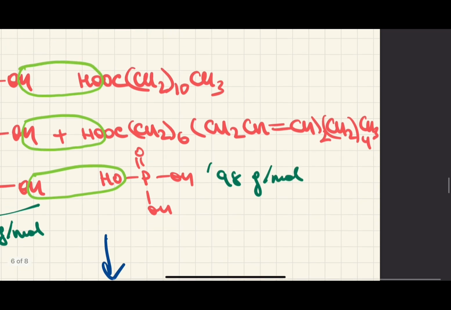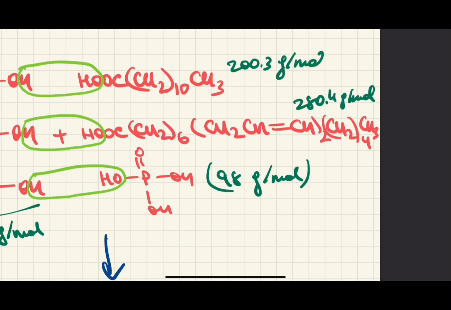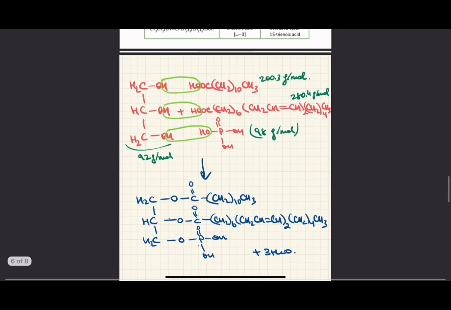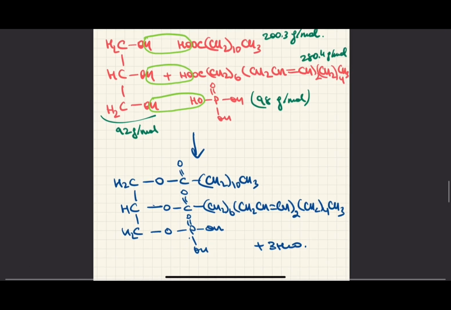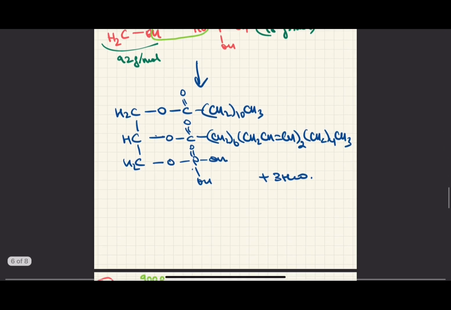Mass of linoleic acid is 280.34 gram per mole, and lauric is gonna be 200.3 gram per mole. Now you need to do hand calculation of all of this, and you're gonna add them up, and you will minus 3 times 18, which is 54 gram of water.